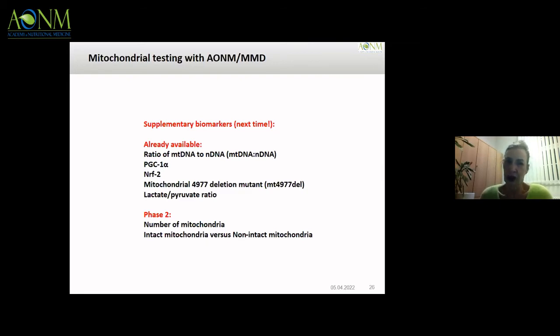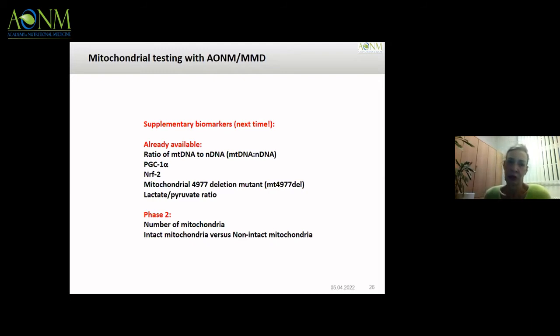And sure, the lactate pyruvate ratio, to see what kind of foods your cell is using. Is there perhaps a problem in fatty acid use, or in carbohydrate degradation to pyruvate, and so on.